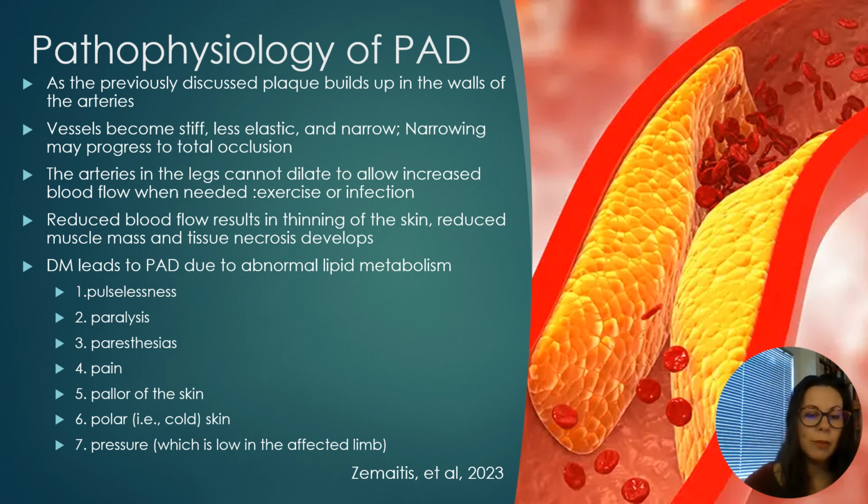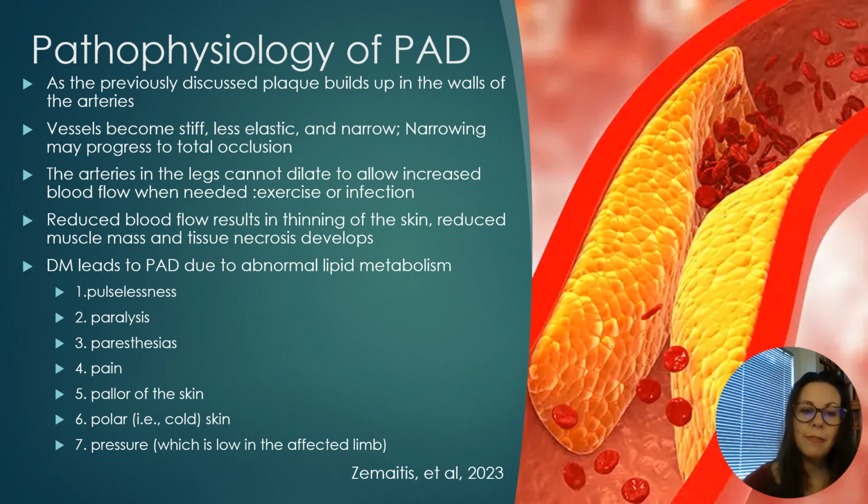The reduced blood flow also results in thinning of the skin and reduced muscle mass, and tissue necrosis can develop. Diabetes leads to PAD due to an abnormal lipid metabolism, so there's increased buildup of lipids in those vessels.